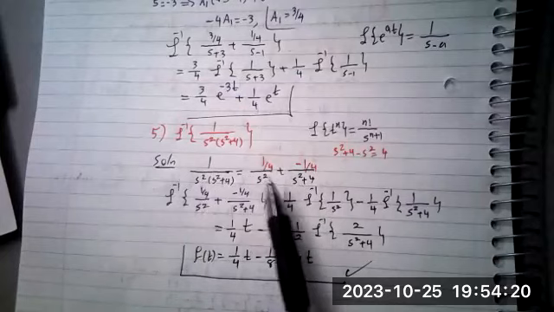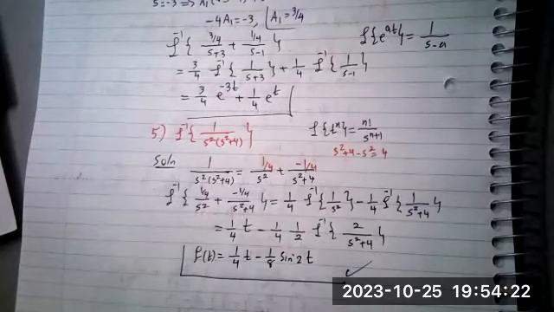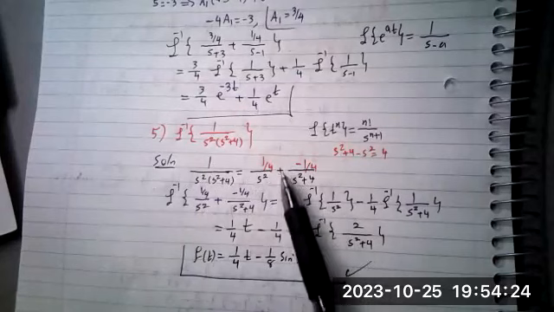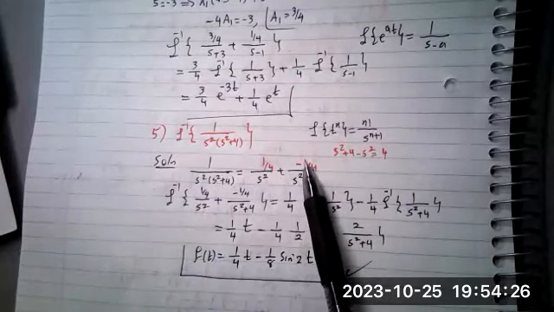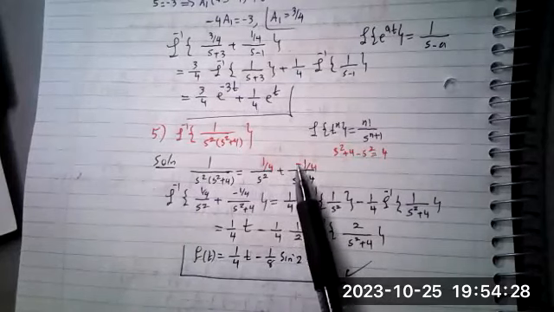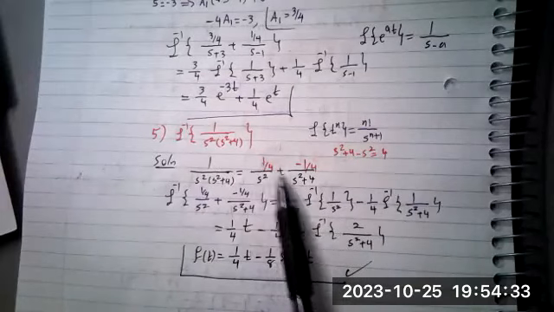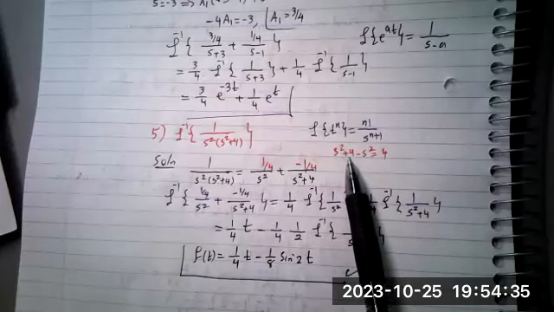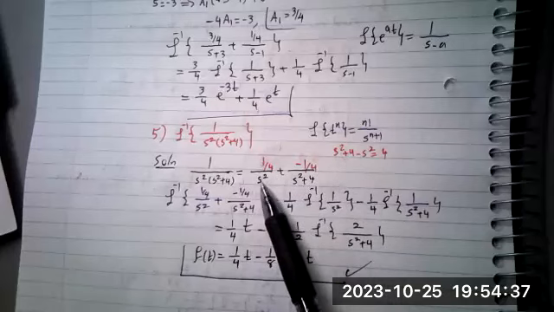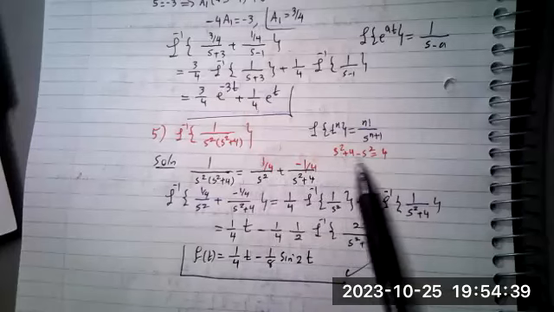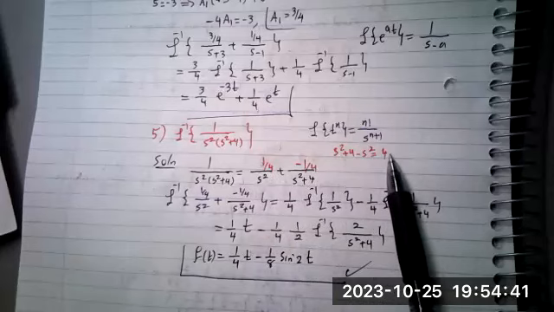It's going to disappear if you get s squared minus s squared. So that's what I did. I put the 1 and negative 1 first. When you cross multiply, 1 times s squared plus 4 minus s squared, the s squared terms cancel out, you get a 4.